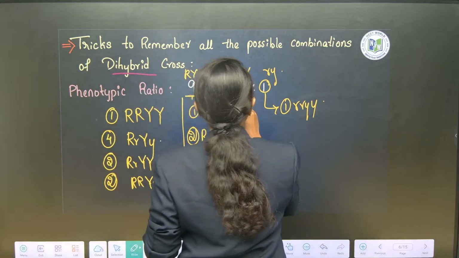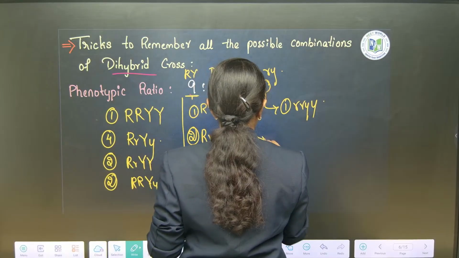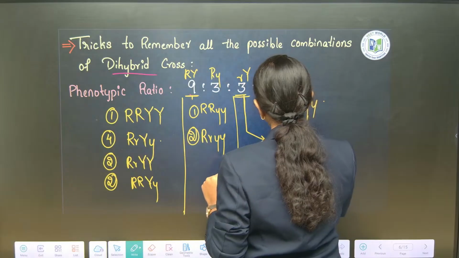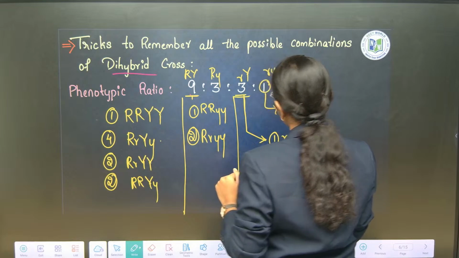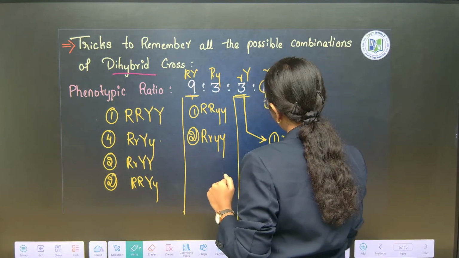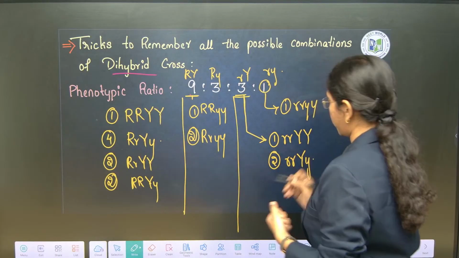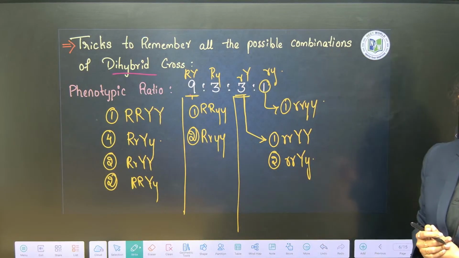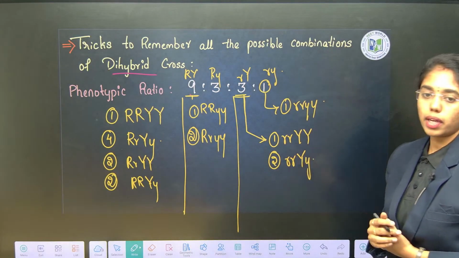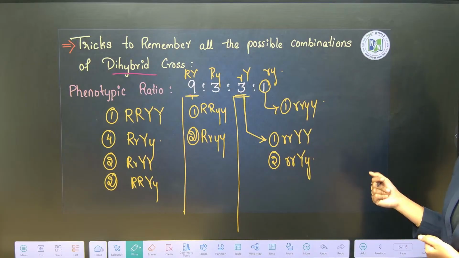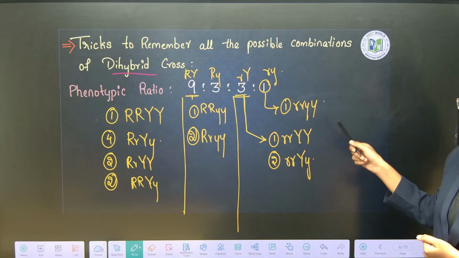Next, one will be homozygous recessive and homozygous dominant. 2 will be, of course, homozygous recessive, since the recessive condition is homozygous only, and dominant heterozygous. Clear? Any doubt anywhere? Take down all the possible combinations, you will get numerical questions from this. At the end of the chapter, we will solve all the numerical applications. If you are clear on this, you can easily solve them.